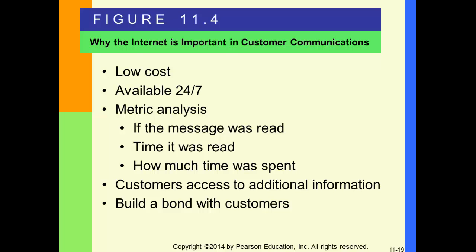The internet is an ideal medium for customer communication, partly because it's low cost. It's 24/7, and metric analysis is available and will tell if the message is read, when it's read, and what they did after. This is associated with drip marketing: you send somebody a message, and depending on what they do with that message, a following message is sent in an automated fashion.